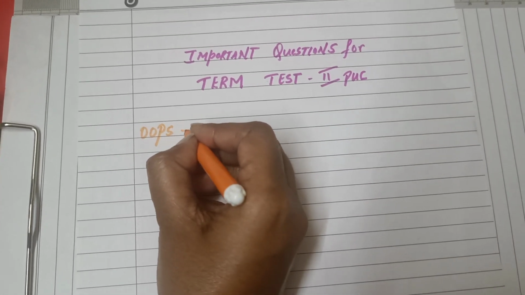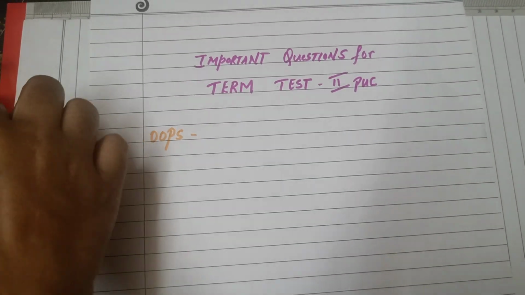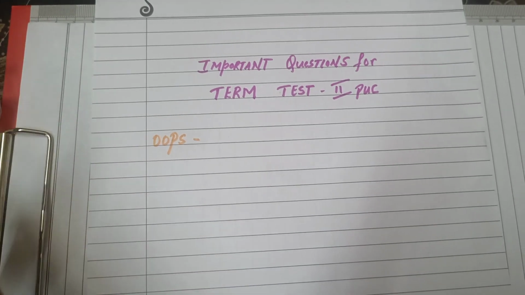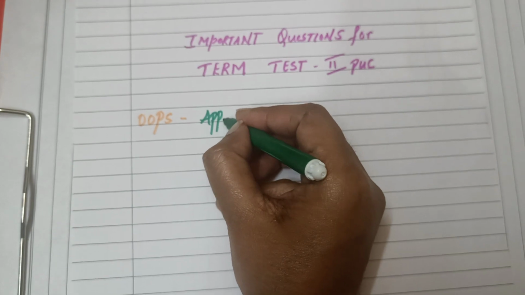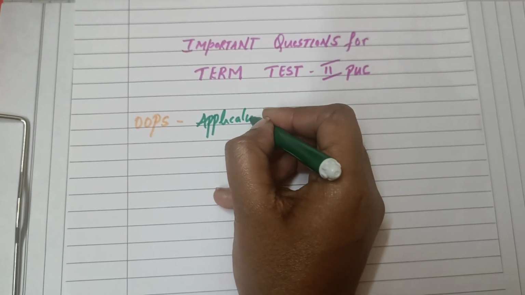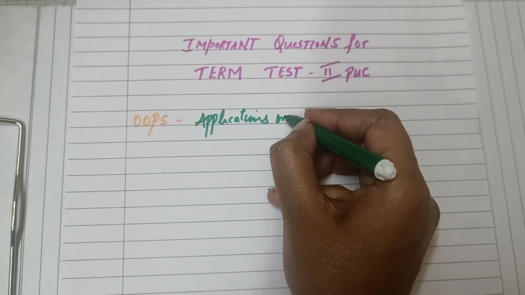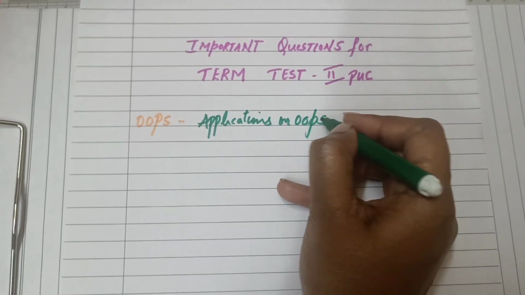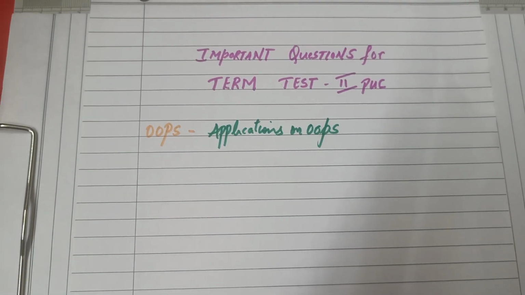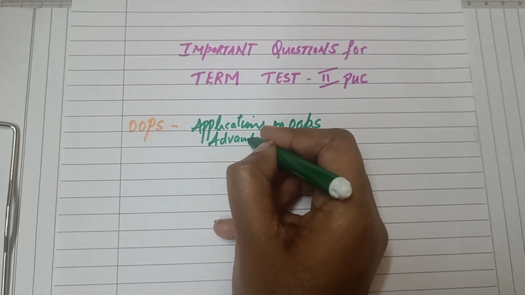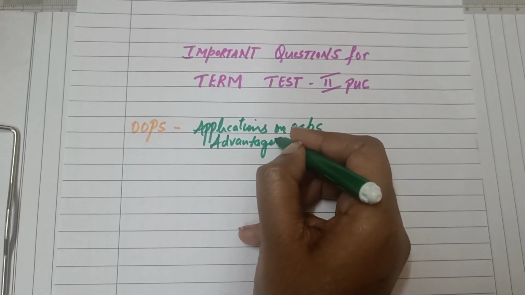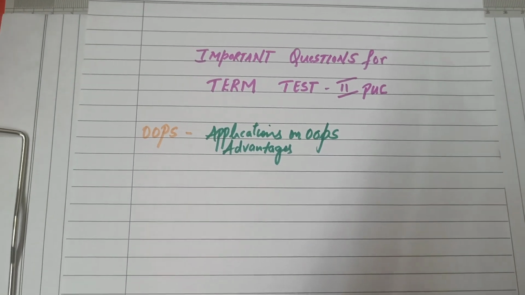OOPs concept is object oriented programming. In this concept the most expected question is applications of OOPs, which is most important for 3 marks. In the same way, advantages of OOPs.